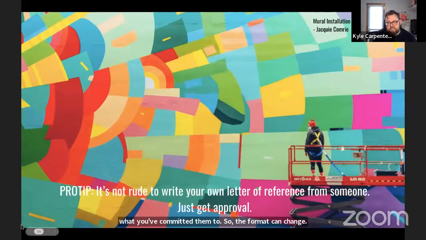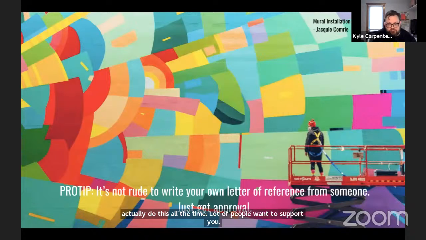It's a big piece of this, and I think a lot of you might need just to get your bona fides sorted with a letter for these applications. One thing I want to point out is, yeah, it's written on the screen here. It's not rude to write your own letter of reference from someone. We actually do this all the time. A lot of people want to support you.